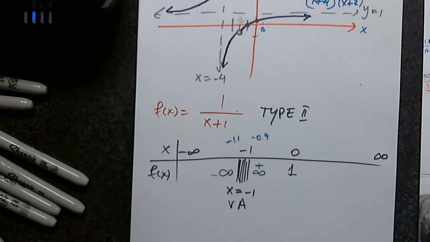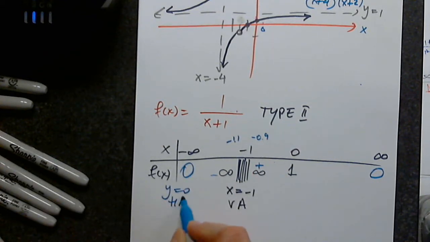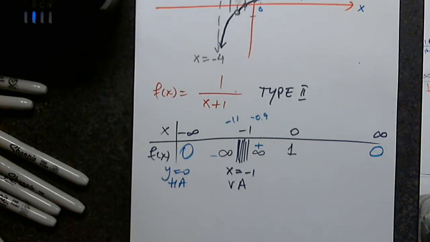Where is it going? It's very similar to 1 over x. 1 over x plus 1 is the same thing. Where is it going? It's smaller. That's it. This is always the case for type 2. That's it. Done.